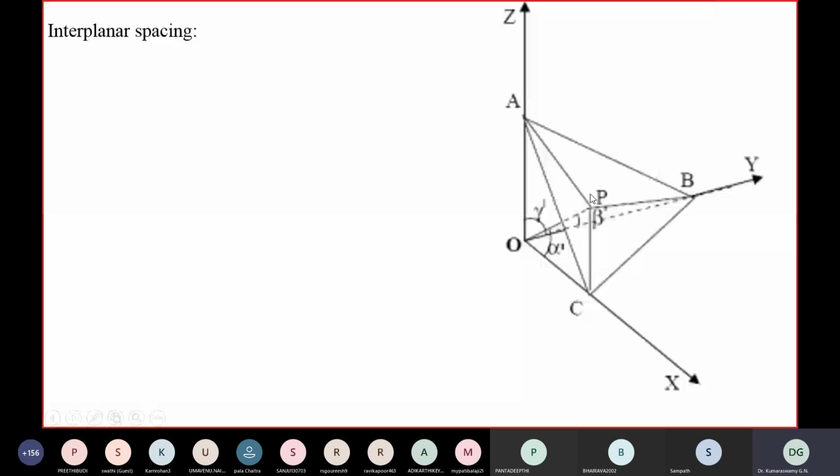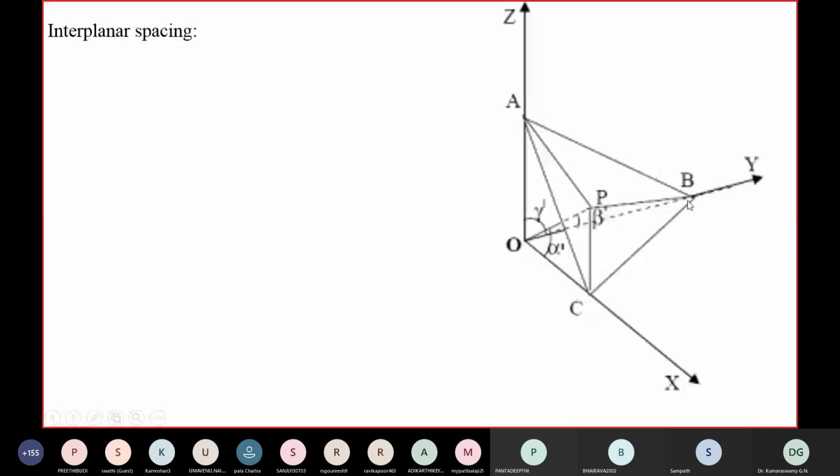Now, from that point P, you drop a line onto the y-axis at 1B, that is, at the point where the plane is intercepting y. Drop a line onto the y-axis at the point where P is.